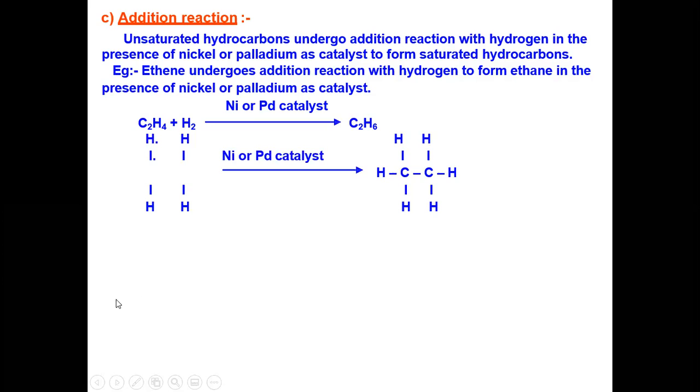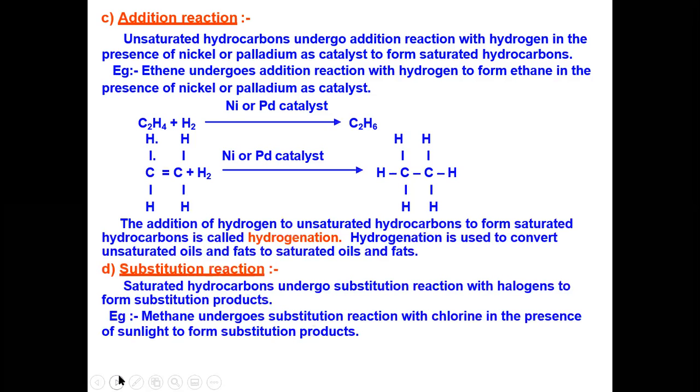So C2H4 when it reacts with hydrogen, then C2H6 will form. The addition of hydrogen to unsaturated hydrocarbons to form saturated hydrocarbons is called hydrogenation. Hydrogenation is used to convert unsaturated oils and fats to saturated oils and fats.